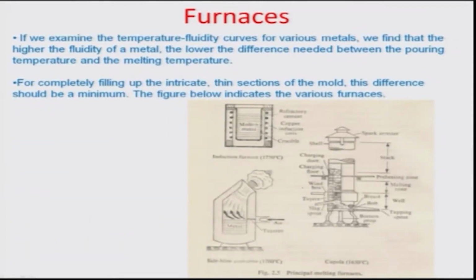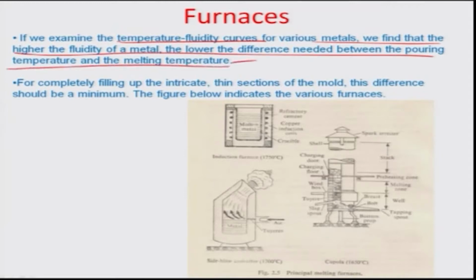If we examine the temperature fluidity curves for various metals, we find that the higher the fluidity of a metal, the lower the difference needed between the pouring temperature and the melting temperature.